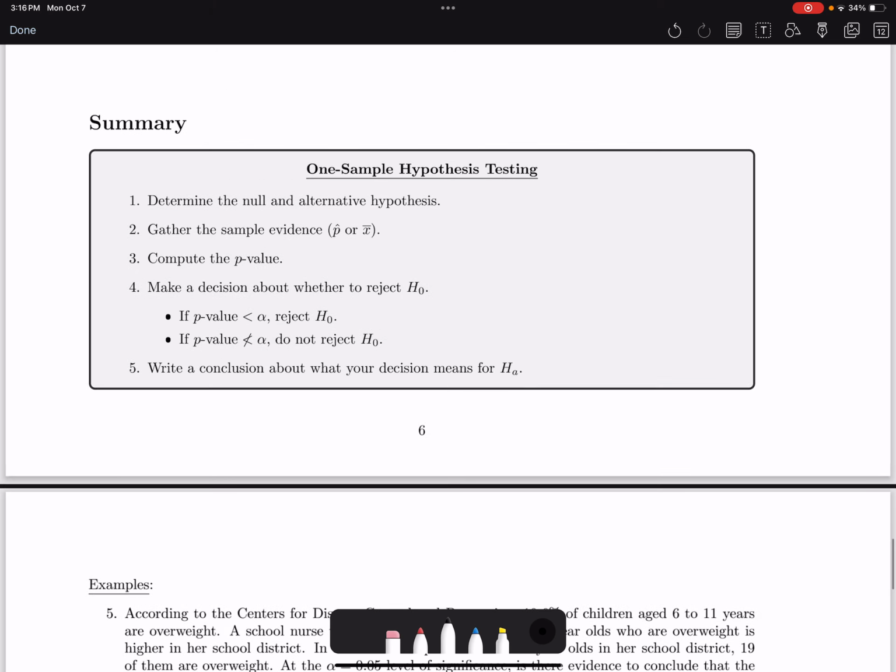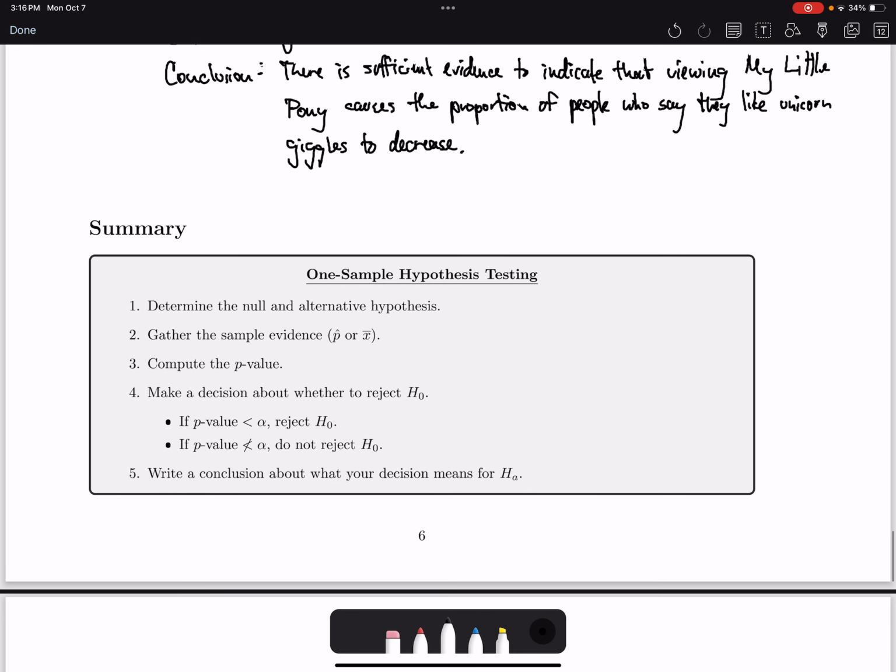Okay, so we've seen all of the steps in the process now, right? To summarize and put it all together, step 1, we state our null and alternative hypotheses. Step 2 would be to gather some sample evidence, either p hat if we're testing a proportion or x bar if we're testing a mean. Then we compute a p-value, which is the probability of obtaining the sample result that we obtained if we assume that the null hypothesis is true.